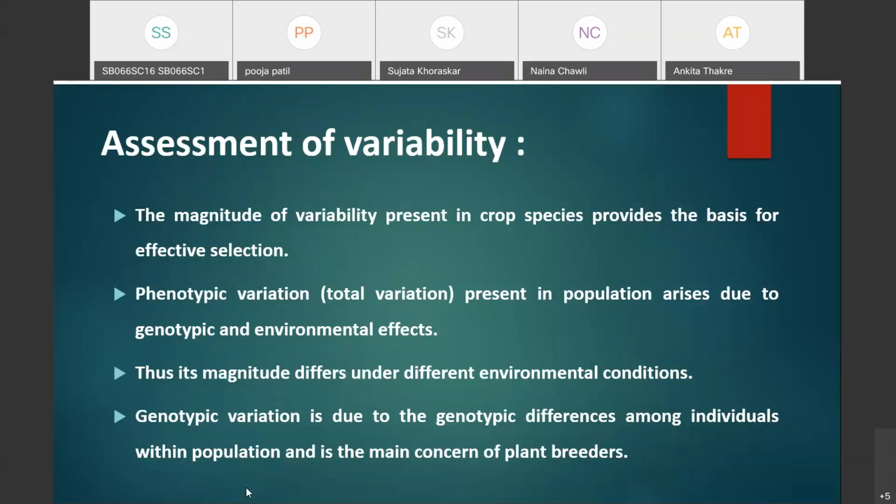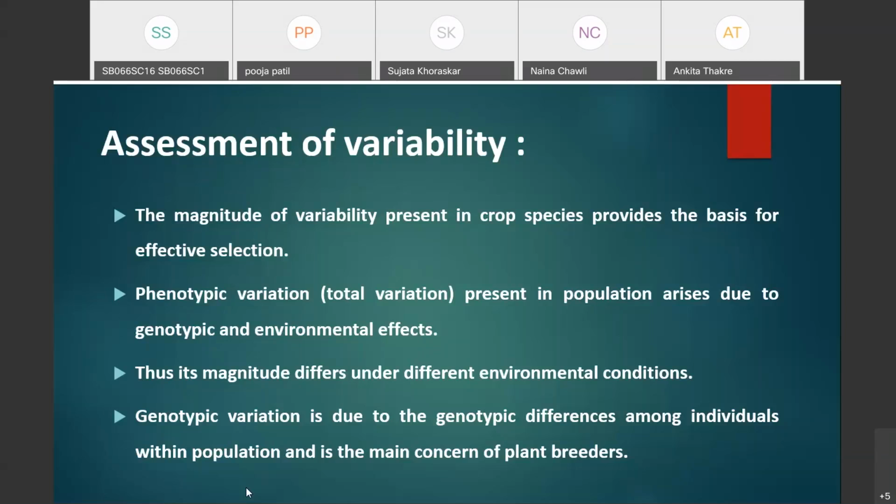But the genotypic variation is due to the genotypic differences among the individuals within the population, and it is the main concern of the plant breeder. The plant breeders are mainly concerned with the genotypic variations.